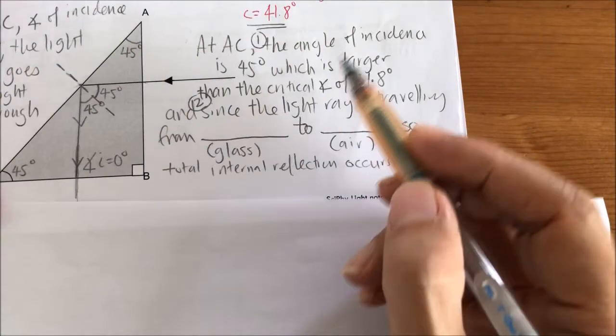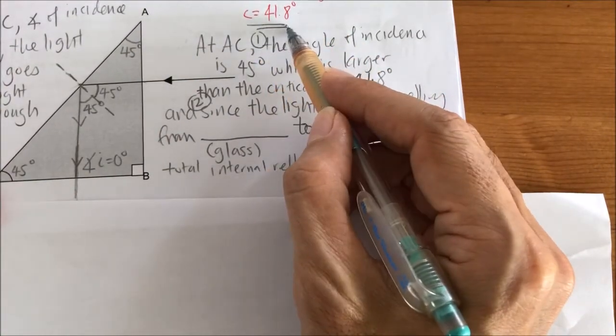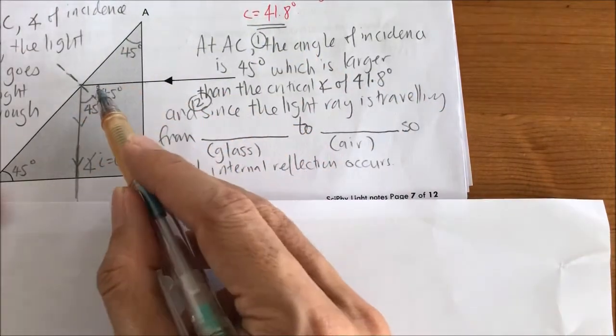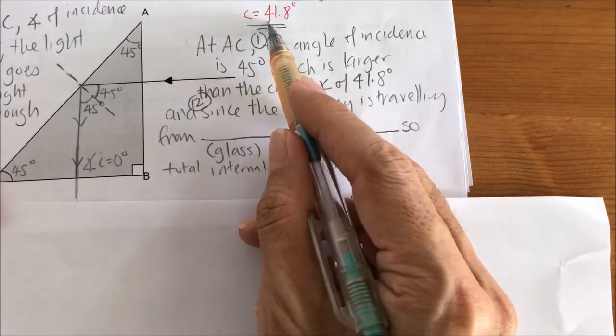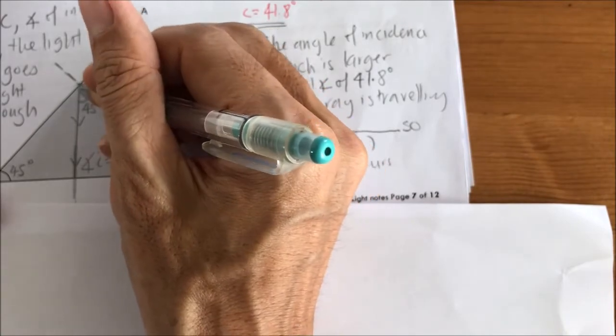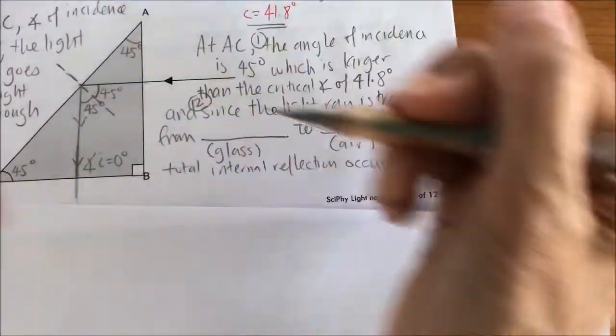So how do you check? First, look for the critical angle. You determine the critical angle is 41.8 degrees. Then you use some of your E-Math skills and find out that this angle here is 45 degrees. Since 45 degrees is bigger than the critical angle, all of the light is going to reflect at 45 degrees, so it will come down this way.